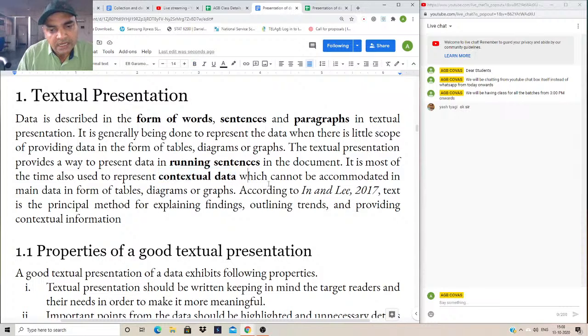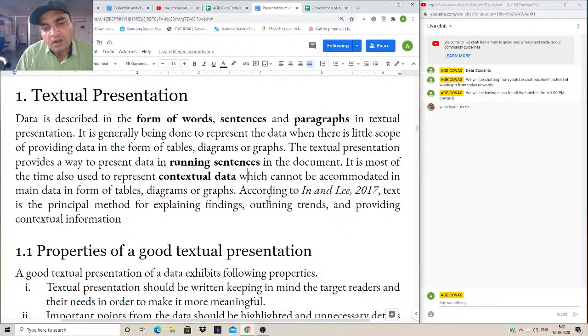This contextual data cannot be accommodated in the main data in the form of tables, diagrams, or graphs. Sometimes along with your main data, you have some data which you cannot incorporate into your tables, diagrams, or graphs for one reason or another. In that case, the contextual data is presented in the form of textual presentation.